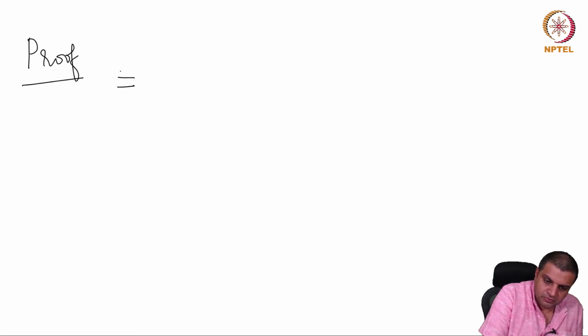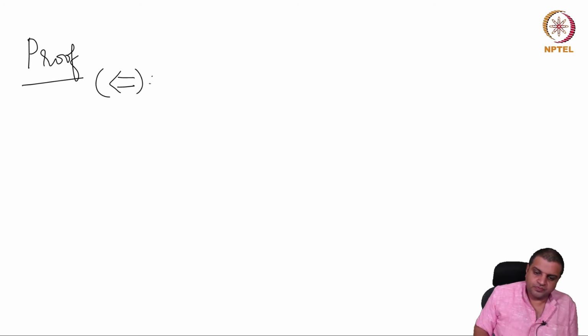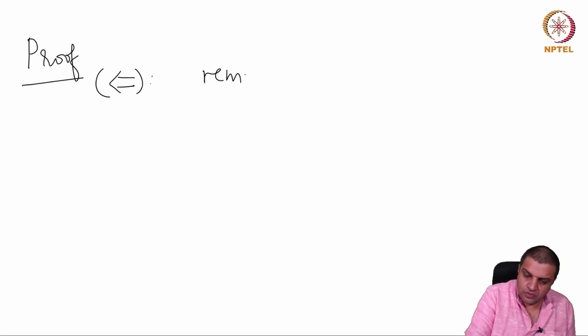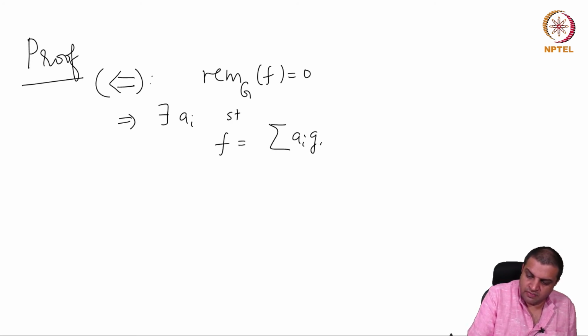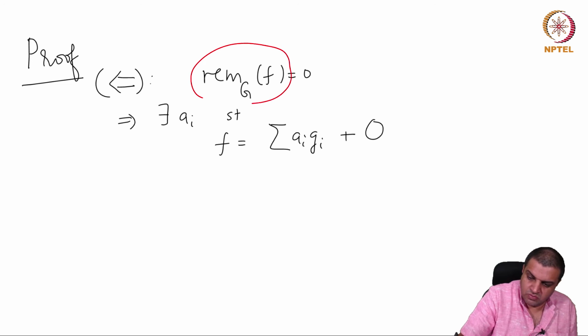Okay, so let's prove the if part. Remainder of F is 0 implies that there exist a_i such that F is the sum of a_i g_i plus 0. Remember, this is the thing, right?